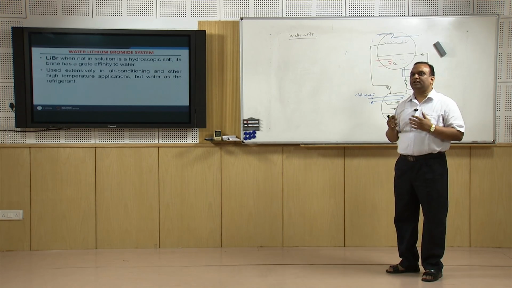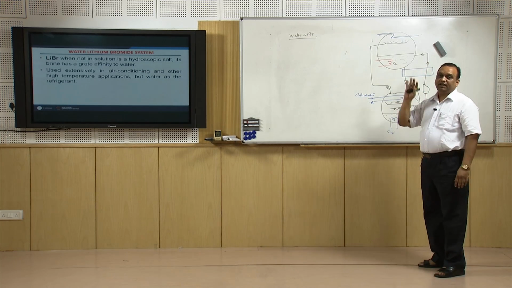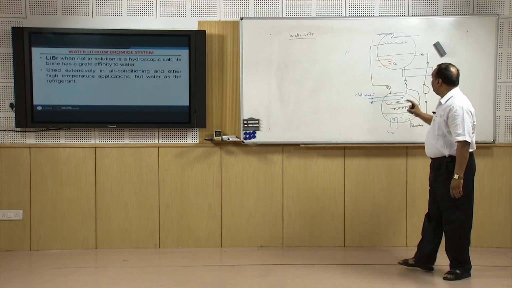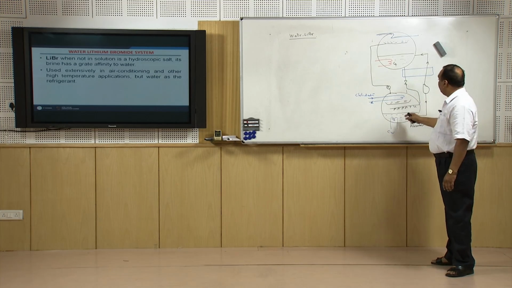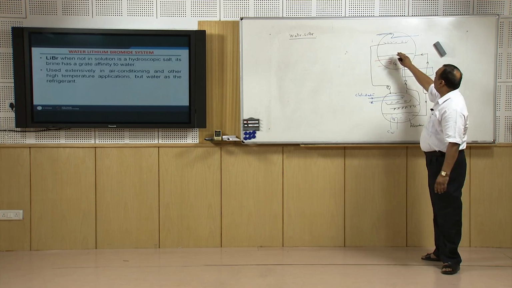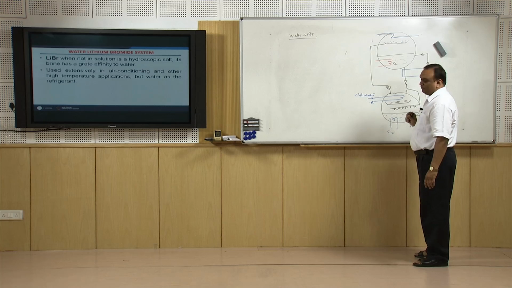So, the difference is 133. That is why when the vapor emerges from the generator in case of ammonia refrigeration system, it has some traces of water. But in lithium bromide type of system, when heating is done, there are no traces of lithium bromide. Pure water we are getting here in the condenser, which gets expanded here.